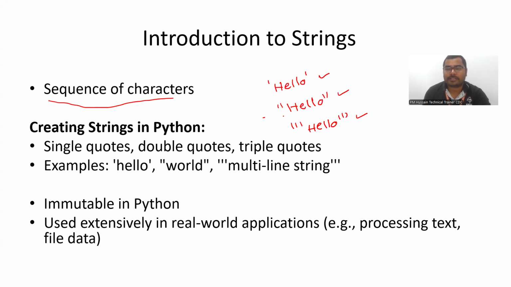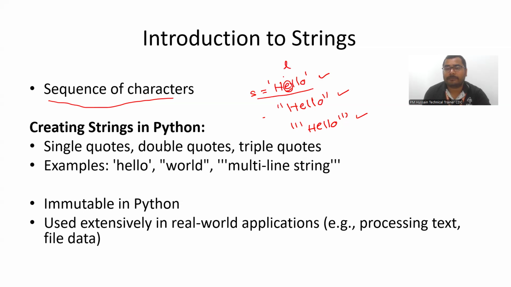And in Python, a string is immutable. So what do we mean by this immutability? Immutable means once you create the string, you cannot modify it. Suppose s is equal to hello. This is one string. Now if you want to modify the e to some other character l, it is not possible.